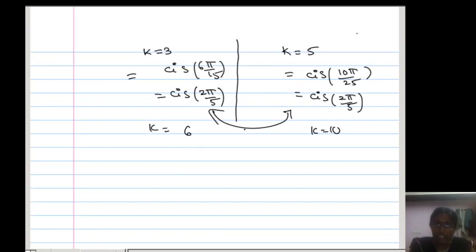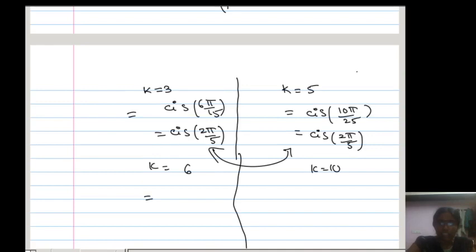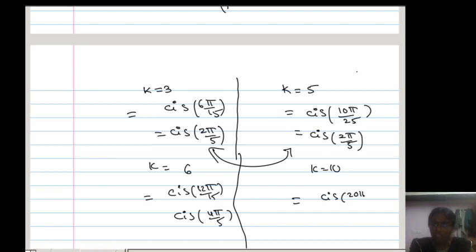If I take k equal to 3, you get cis(12π/15), equivalent to cis(4π/5). If I take k equal to 10, cis(20π/25), you get again 4π/5.